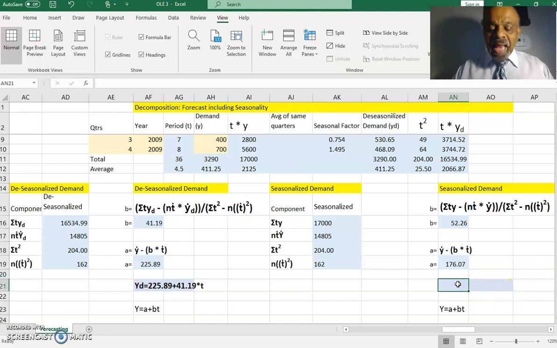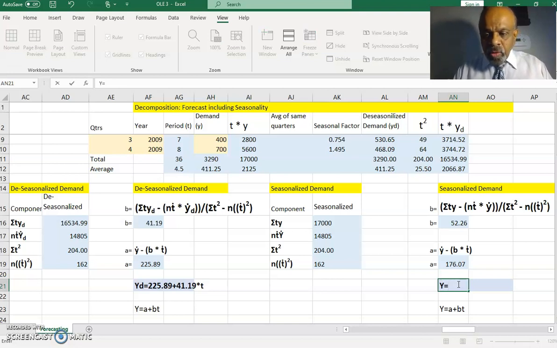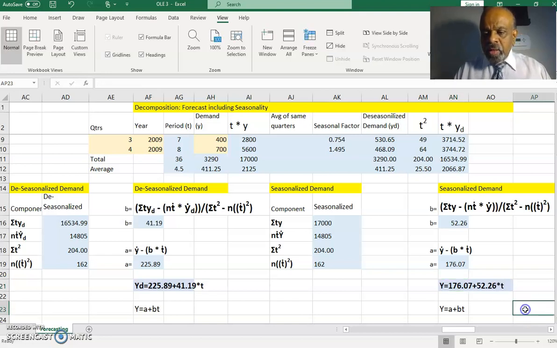So my seasonalized demand equation is Y equals 176.07 plus B, which is 52.26, times T. That is my seasonalized demand. So now I have the equation for seasonalized as well as deseasonalized.